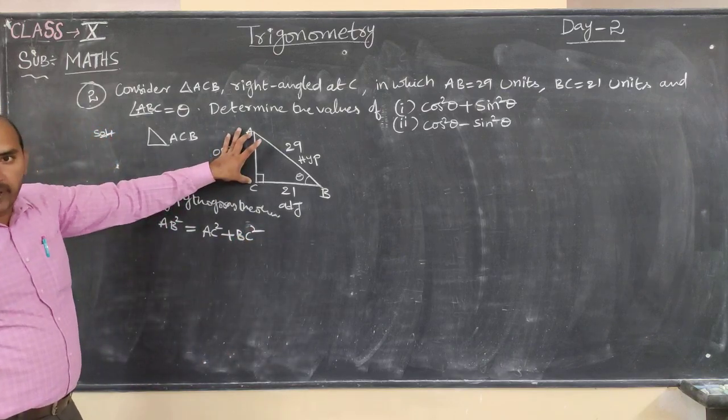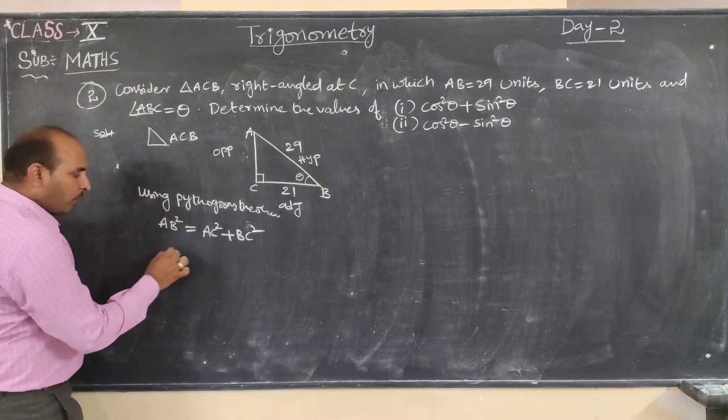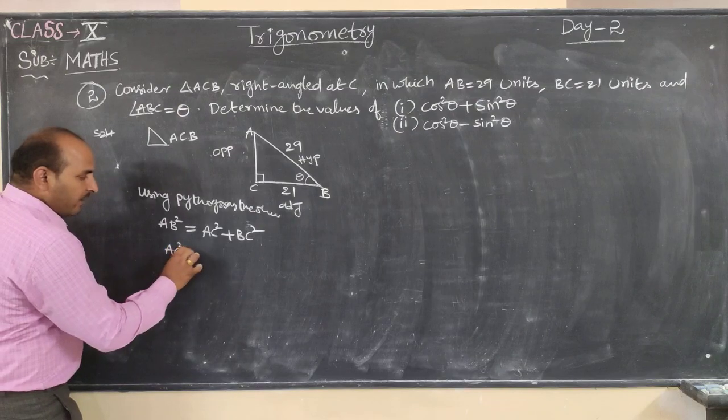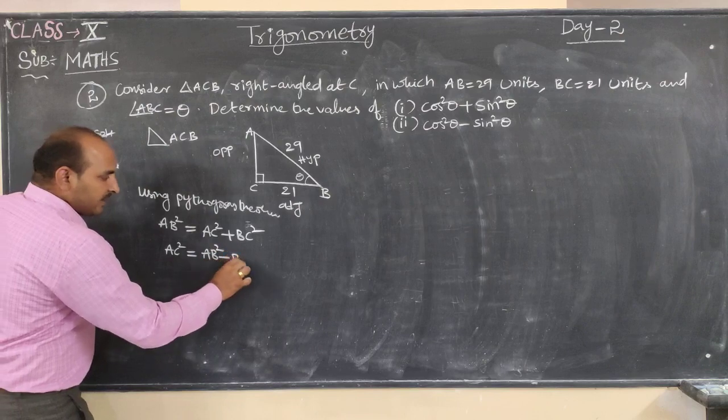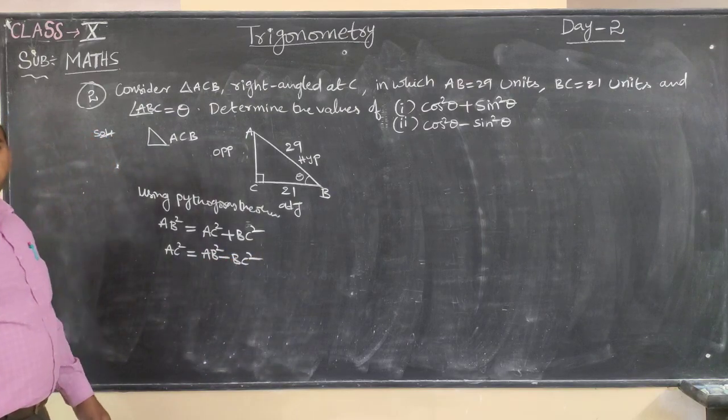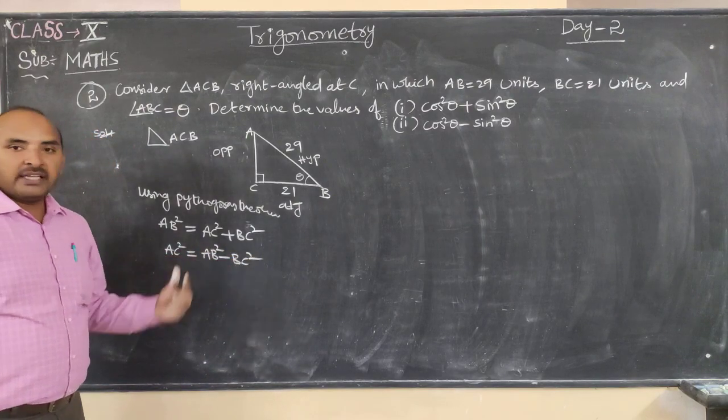I want AC square value. AC square is equal to AB square minus BC square.